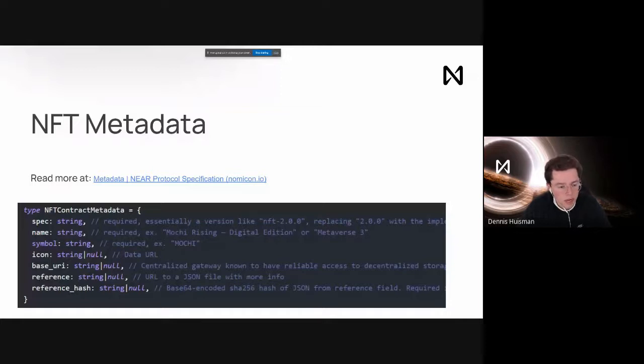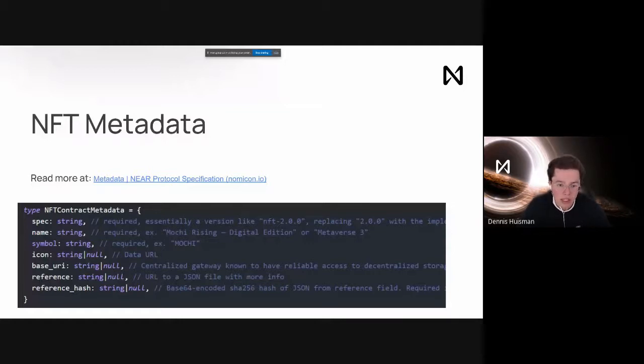But going back to NFT contract metadata, in this case, it's quite straightforward. It's 7 fields that you can include, 4 of which are optional. So in essence, you need a spec, which is described there. You can follow this link. I found this by literally looking for NFT metadata and Near protocol on Google, and the Nomicon article here.